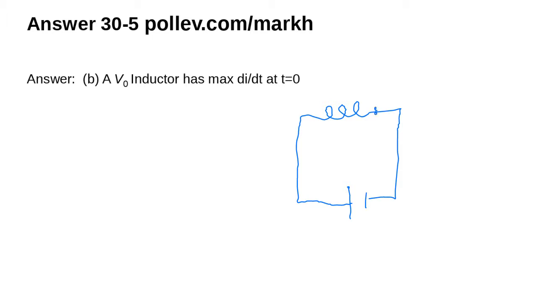So all of the bias that we apply from the battery here will be on this side of the inductor. So the voltage we measure here will be the same as the voltage over the battery. So we've got no current flowing at that instant of time, t equals 0.